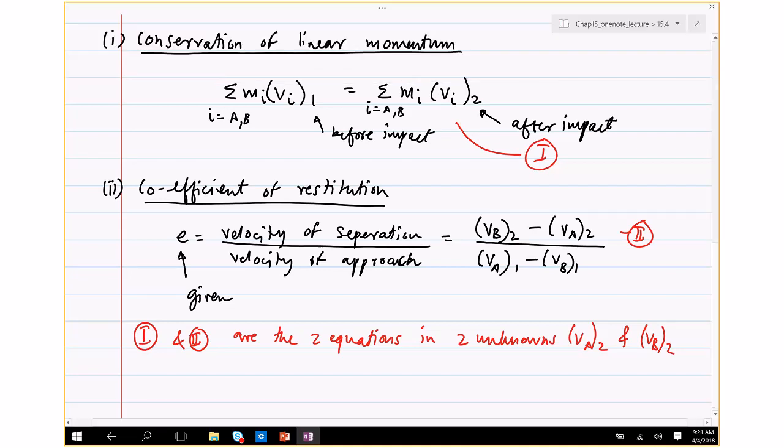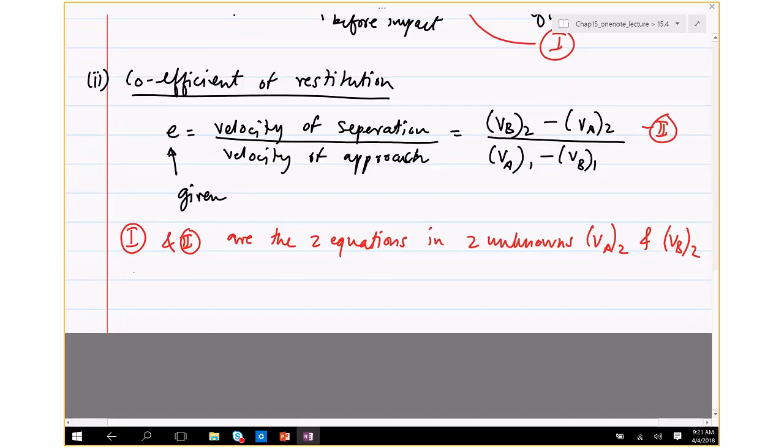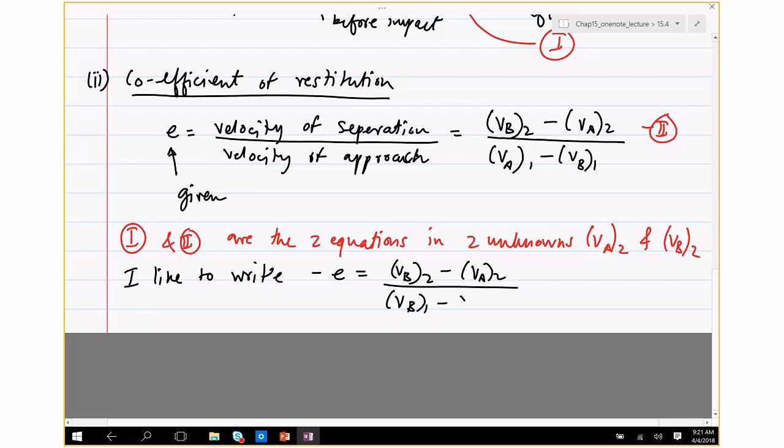Okay. Now I think it's very confusing to write this as B minus A minus B. The way I like to write this, and it's really easier to remember, is minus E equals VB2 minus VA2 divided by VB1 minus VA1.